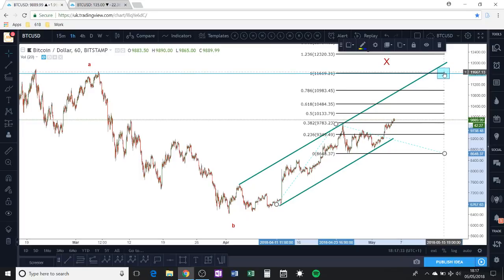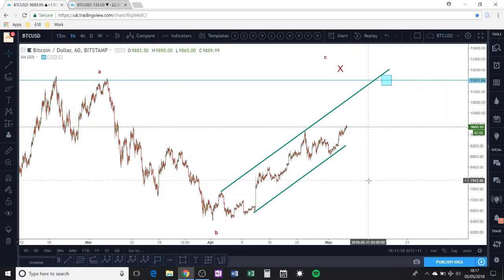It's within our blue box, and it's also at that very significant price level where price found it very difficult to go beyond previously. So the Fibonacci relationship of wave 5 with wave 3 looks the most likely. That's the one that's standing out to me as the most probable.